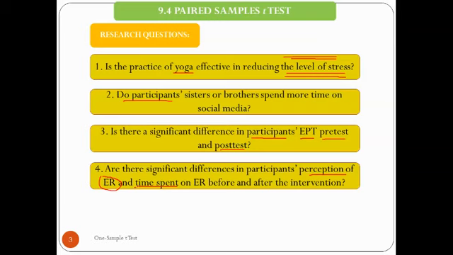So again, ladies and gentlemen, such research questions are very, very cool, very useful for societies, and a paired sample t-test could be a powerful statistical choice at the disposal of the researcher.